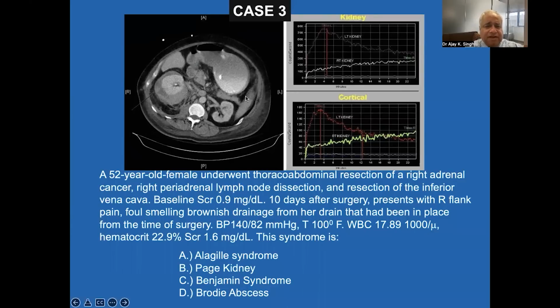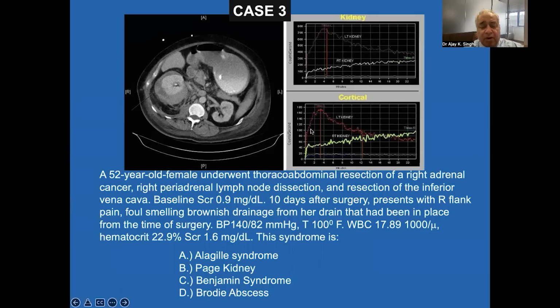And what you see on the left-hand side is the CT scan. You see the kidney here. On the right-hand side, you see the kidney. On the left-hand side, the liver. And just to orientate you, this is the spine at the bottom. On the right-hand side, you see the perfusion scan, and you see the perfusion for the left kidney and perfusion of the right kidney as a whole.